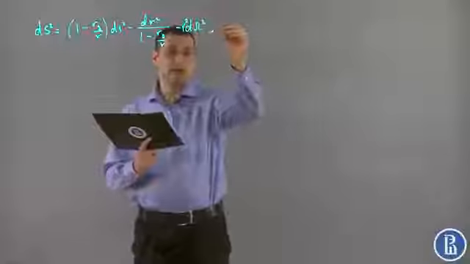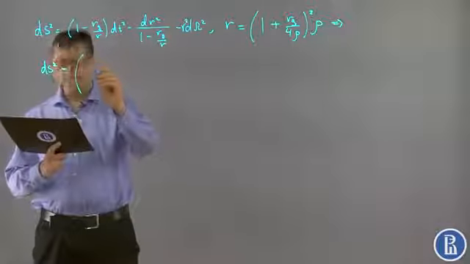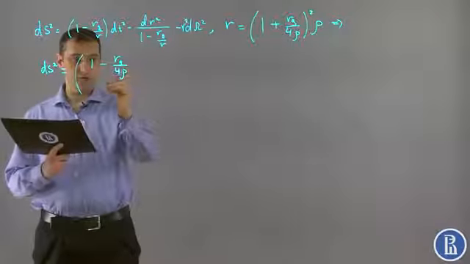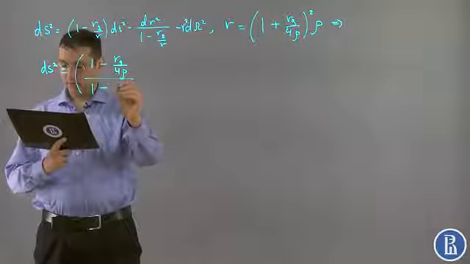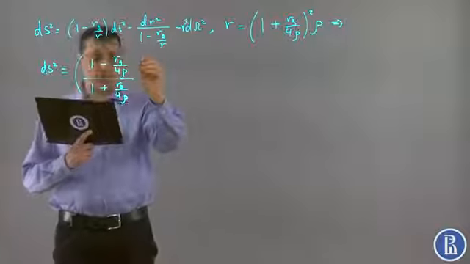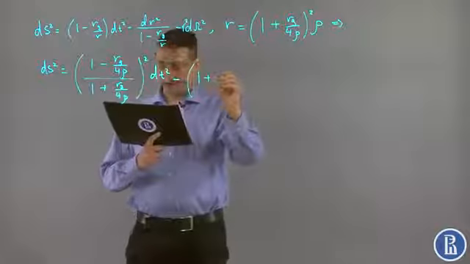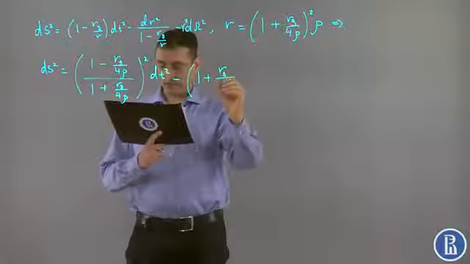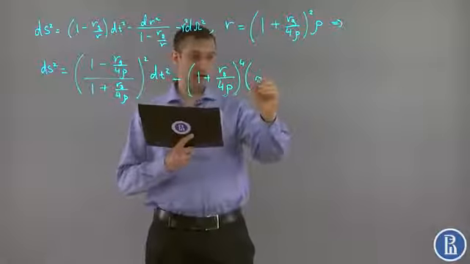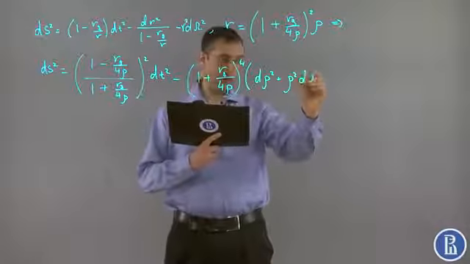One obtains the following metric: (1 minus r_g over 4 rho) squared divided by (1 plus r_g over 4 rho) squared times dt squared, minus (1 plus r_g over 4 rho) to the fourth times (d rho squared plus rho squared d omega squared).